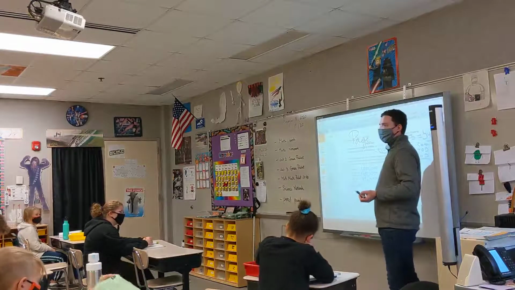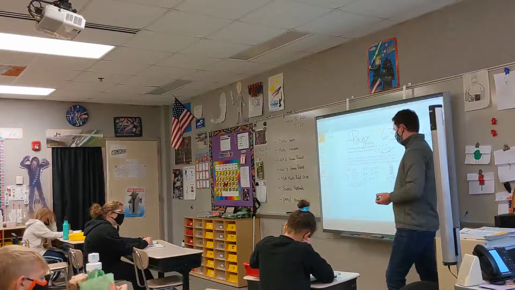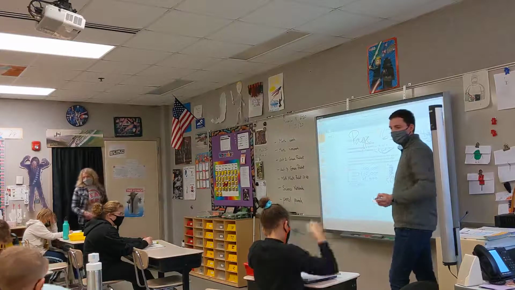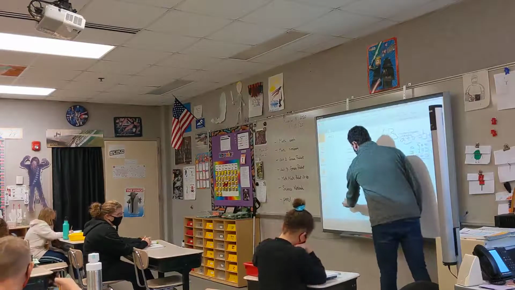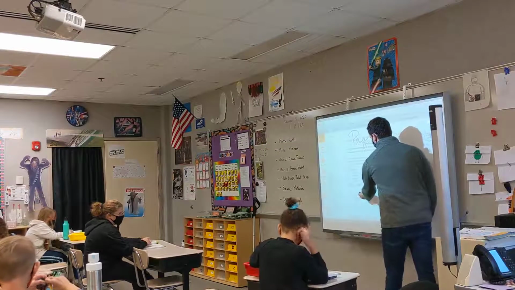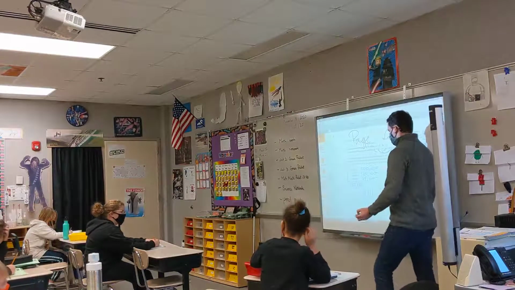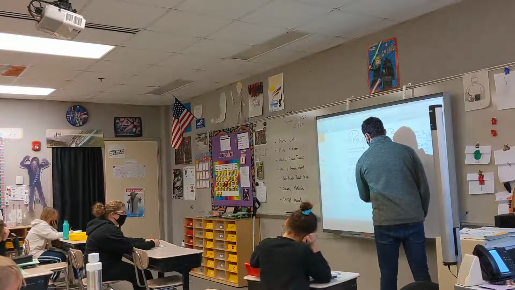Is there any other numbers that we can equal to 11? 5.4 and 5.6. Yeah, 5.4 and 5.6. So we have 11 plus 11. Okay? And what does that equal? 22. So we have 22.